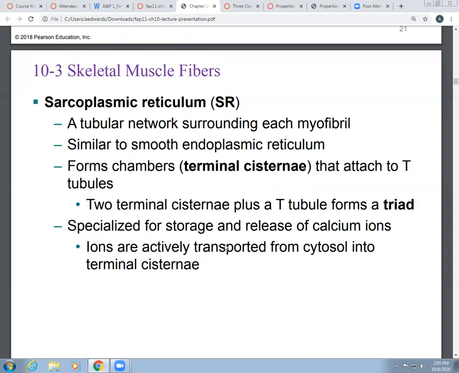And it is tubular, so it's like a bunch of tubes, and it goes around the myofibrils. It also will form chambers along the ends of those T-tubules. Okay, so we can call them terminal cisternae because they're on the ends. All right, so terminal is the end. Cisternae, cisterns are essentially containers. Okay.